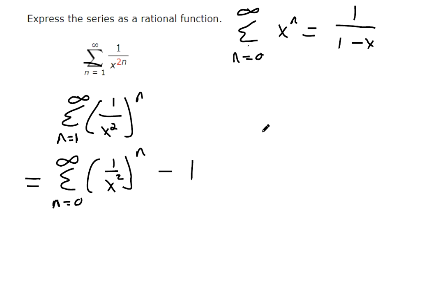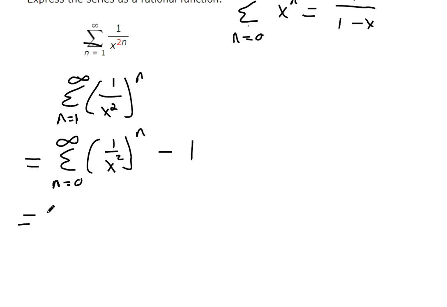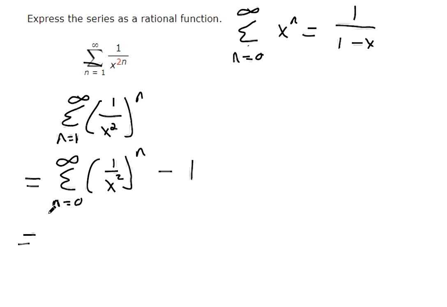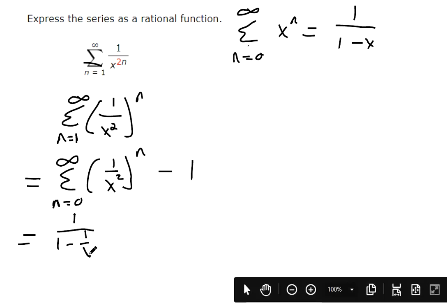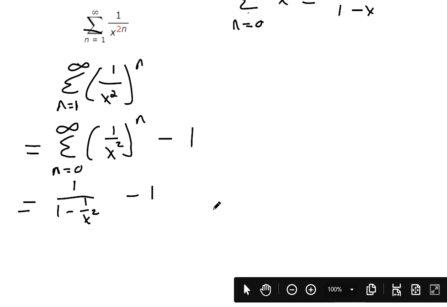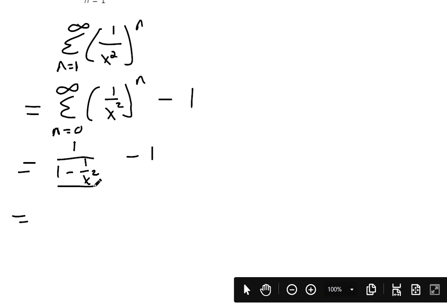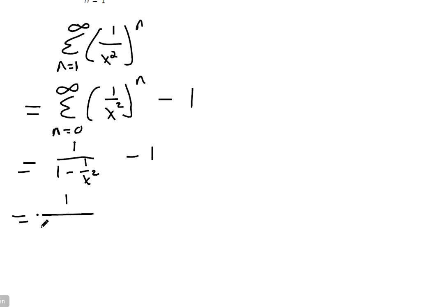Okay, now I think we're ready to substitute. Now we can use the sum of a geometric series. So our x is like 1 over x squared. So this is 1 over 1 minus 1 over x squared, subtracted by that 1 on the outside. So in the bottom here, I'm going to get common denominators in this fraction.